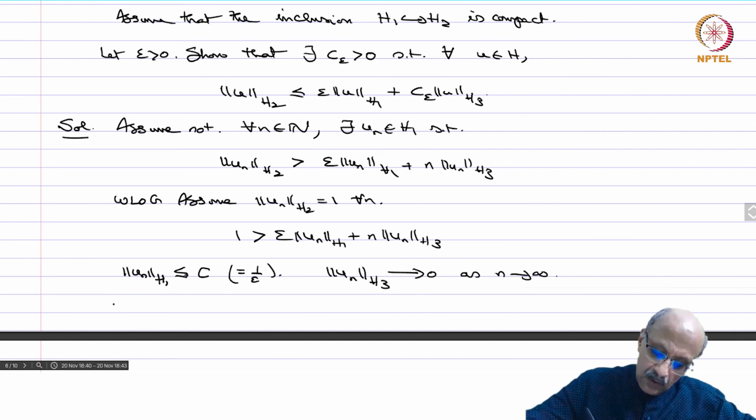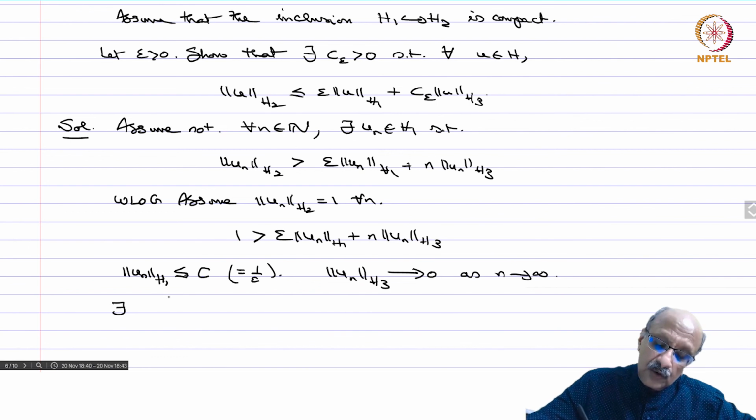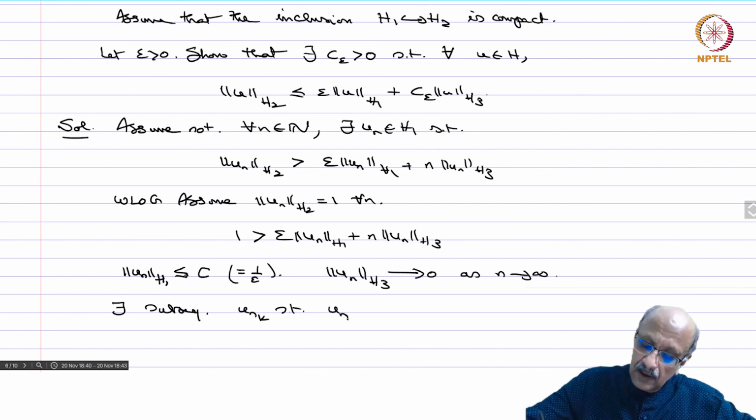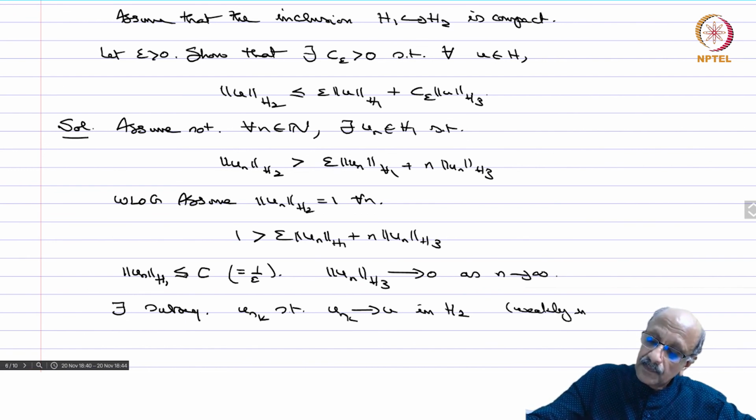So, there exists, because the inclusion H1 to H2 is compact. So, we have to use that hypothesis. So, there exists a subsequence un_k such that un_k converges to u in H2 and weakly in H1. And it also therefore automatically converges to u in H3.